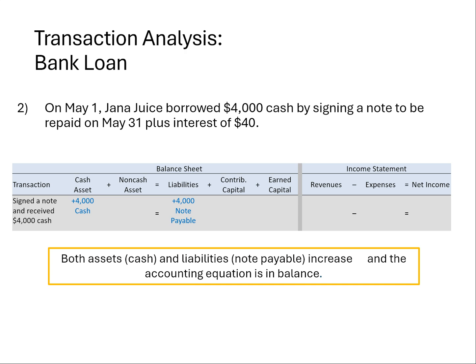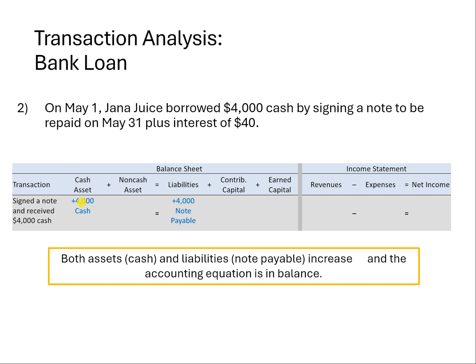Next, the company borrowed $4,000 cash by signing a note to be repaid. If we borrow money, we get $4,000 cash, so assets increase by $4,000. On the right-hand side, this time the liability will increase by $4,000. The accounting equation is still balanced. And the journal entry is very straightforward.